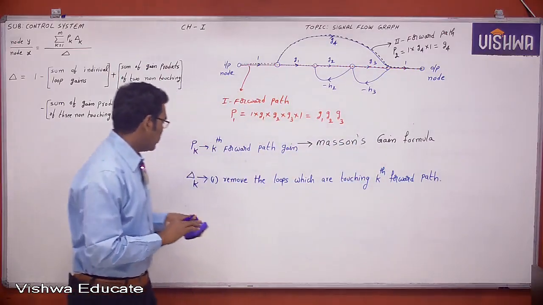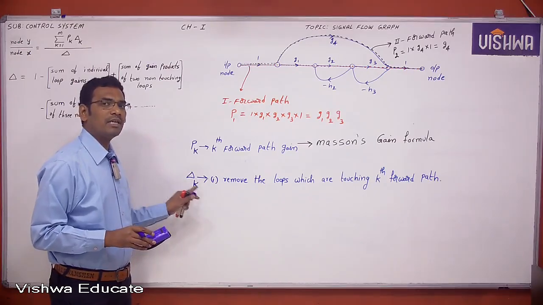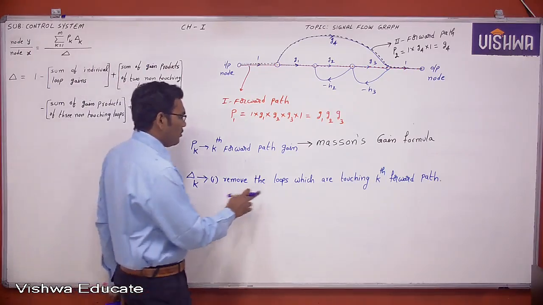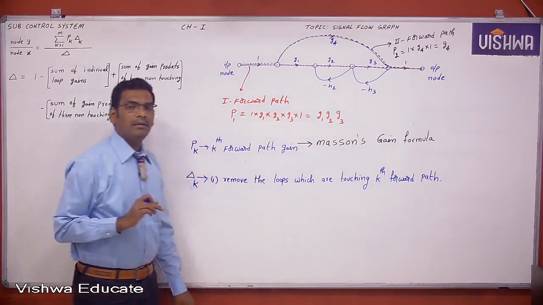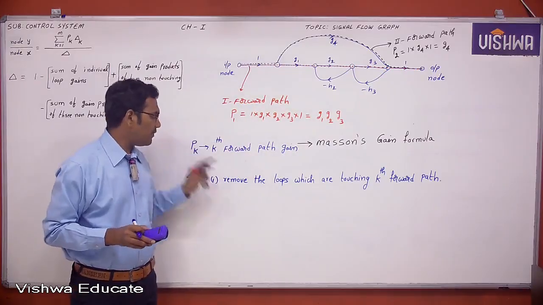Let us take this as the first forward path; all the loops touching it are removed.